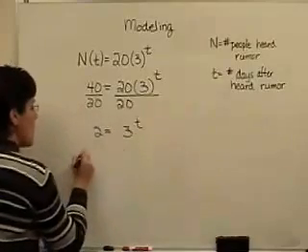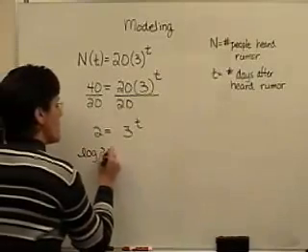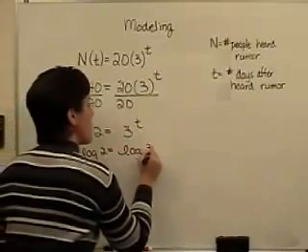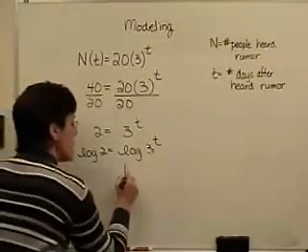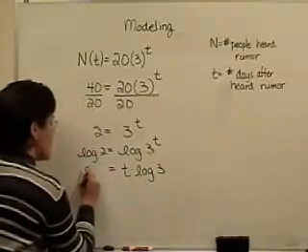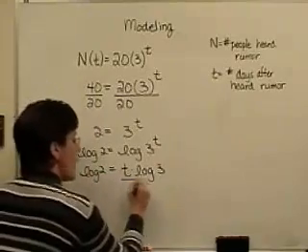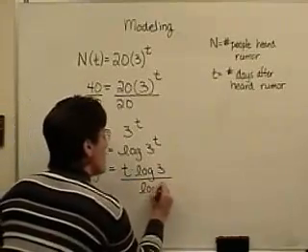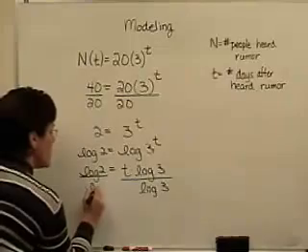And now I'm going to take the log of both sides to solve for t. T will come down in front, and I'll have t times the log of 3 equals the log of 2. And you'll divide both sides by the log of 3 in order to solve for t.